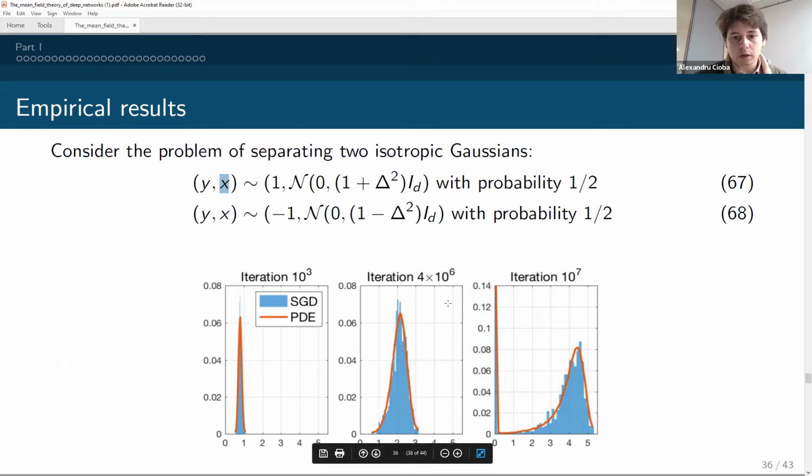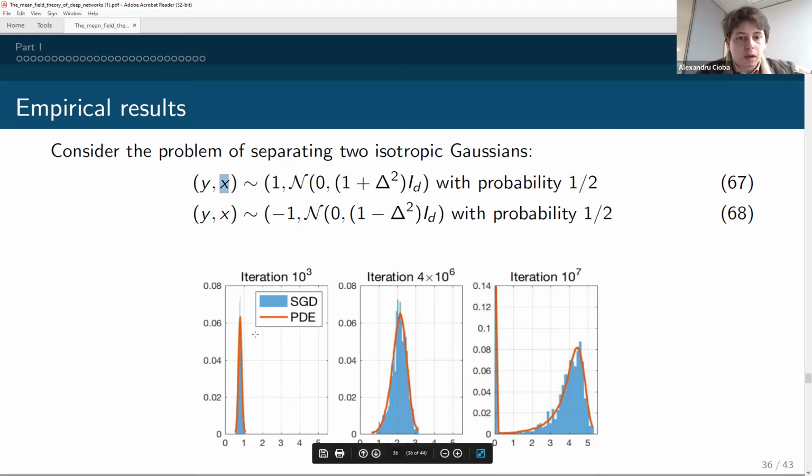So in the following figures, they give you the representation of the weight distribution at various iterations in SGD, and also the theoretically computed solution to the PDE, rho t, at the appropriate time with the correct time scaling.